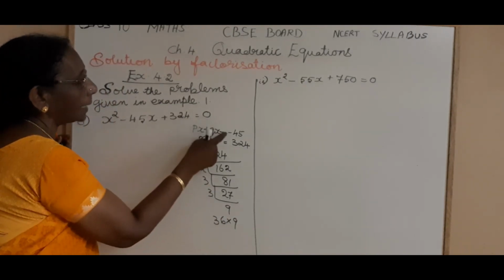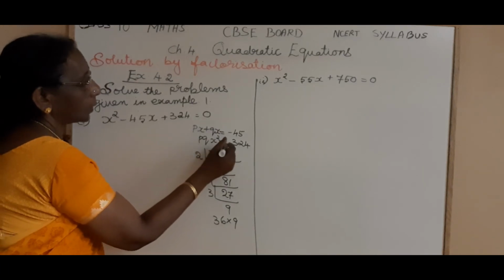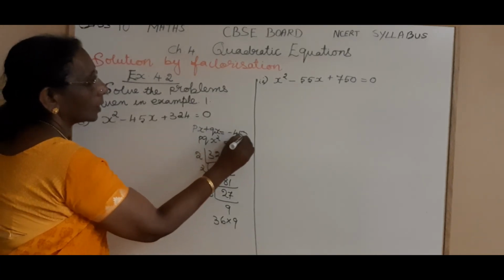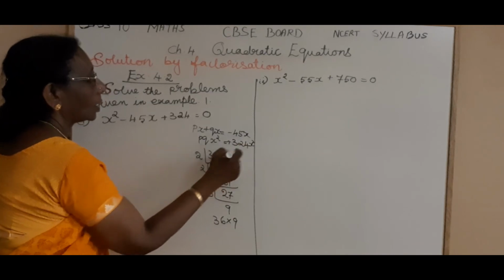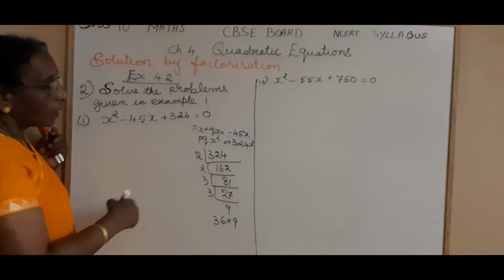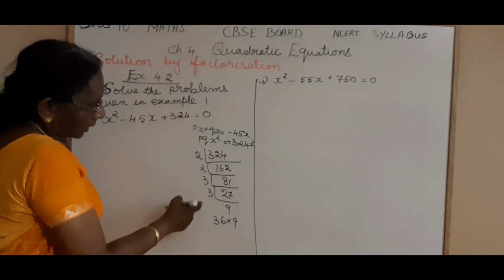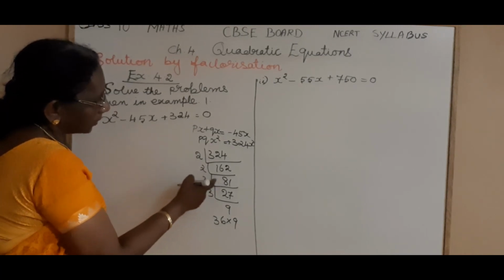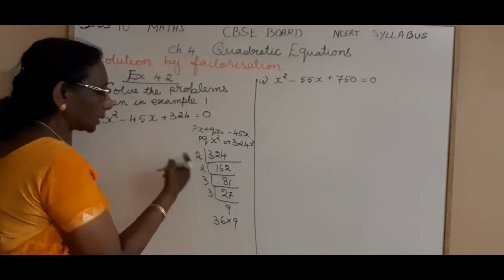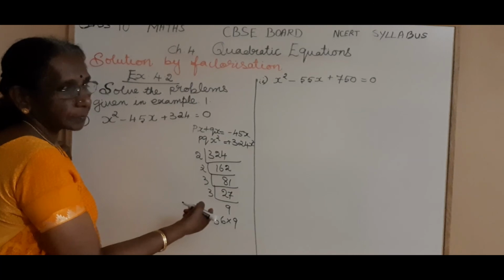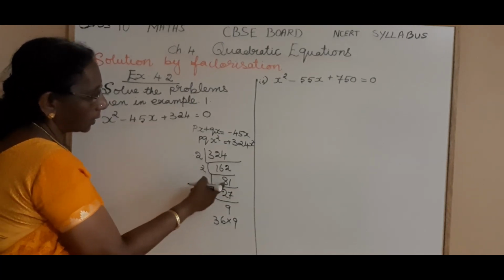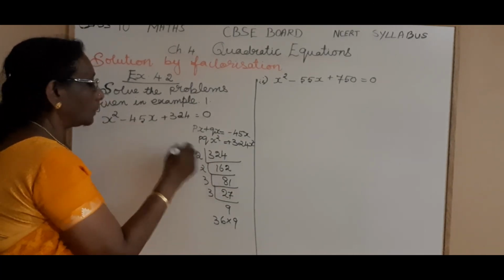We have to add because the product is positive. Step by step you can check. 2 twos are 4, 81 plus 4, 85, we don't want.